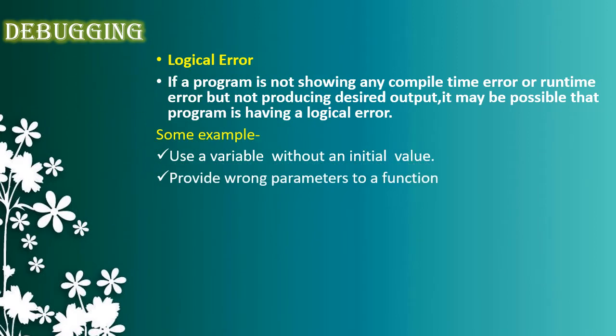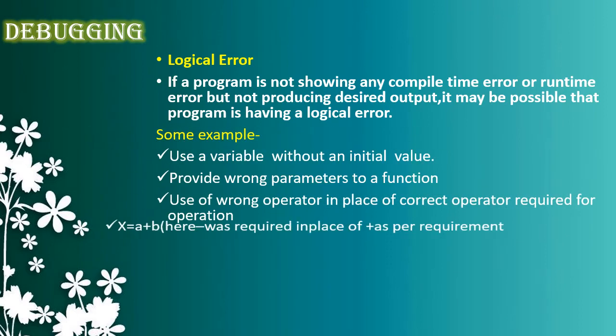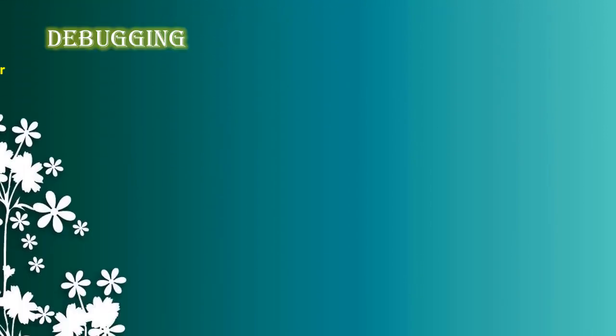Other examples: using a variable without an initial value, giving wrong parameters to functions, or using the wrong operator, like using addition instead of subtraction. Likewise, any operator change is also a logical error.